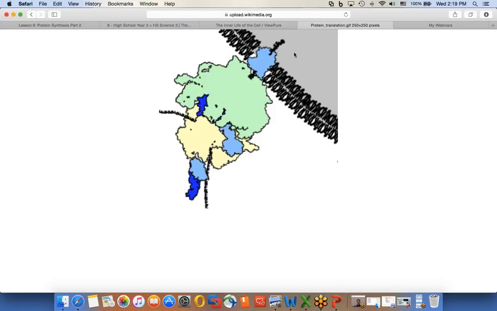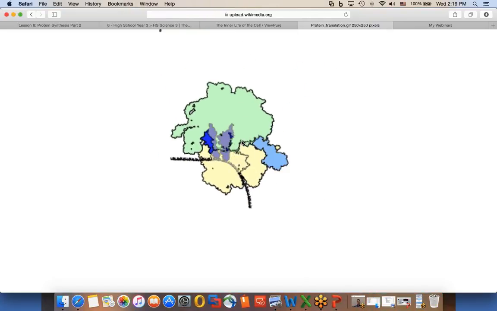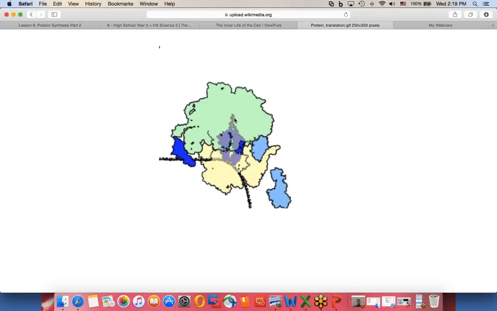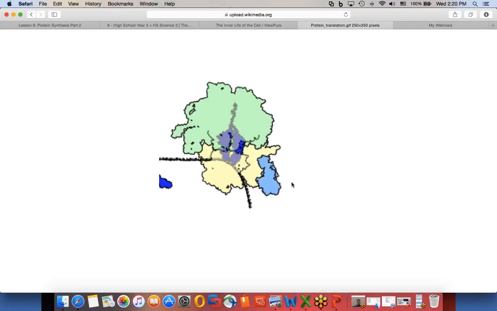Today, we are going to talk about what is this part. What is this? These squiggly lines, they look like a membrane, and the gray part, all right? But in the previous lesson, we talked about how the transfer RNA brings here the amino acids, and they start building the sequence of amino acids to build a protein, all right?